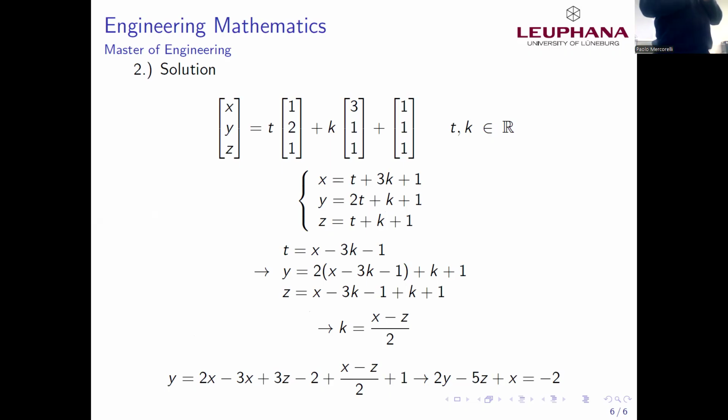But I can, in the same way, calculate here, for instance, you can choose whatever you want. This equation here, but you can calculate from this k. Look, k from the last equation equals x minus z divided by 2. Why that? Because -1 is -1, it's 0.